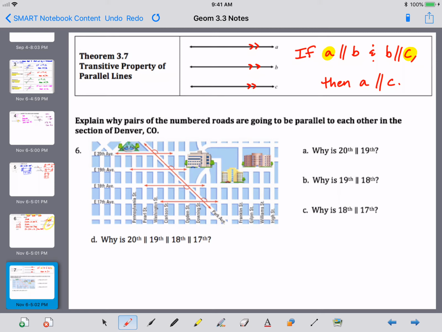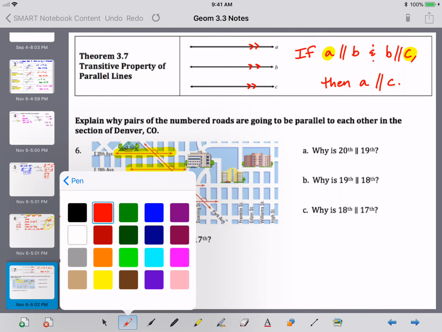All right, so let's look at one more example here. We're going to explain why pairs of numbered roads are going to be parallel to each other in this section of Denver, Colorado. So this is just a street map of Denver. Let's look at 20th Street and 19th Street. Okay, so here's 19th Street, here's 20th Street.